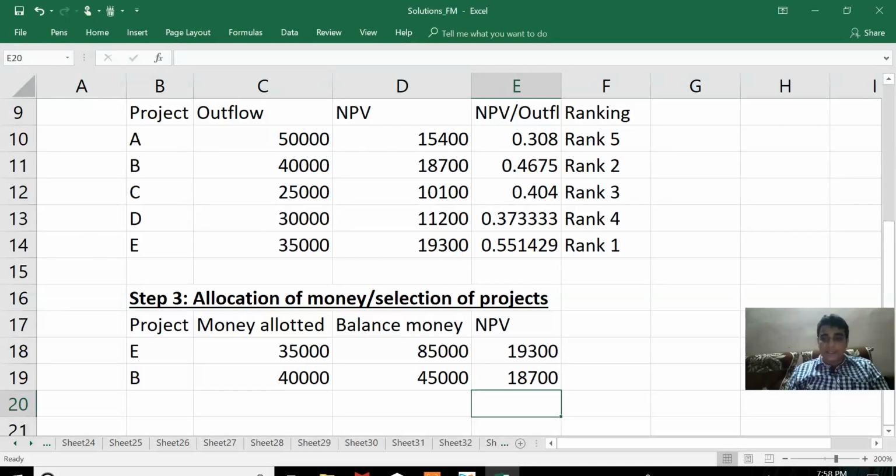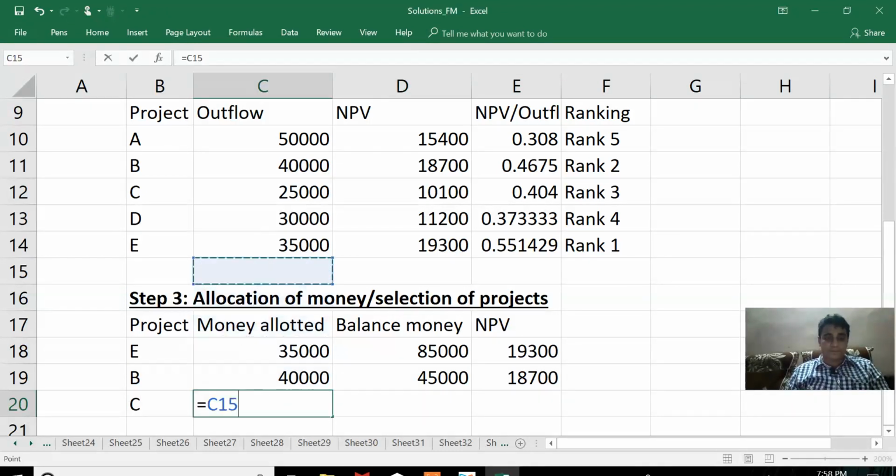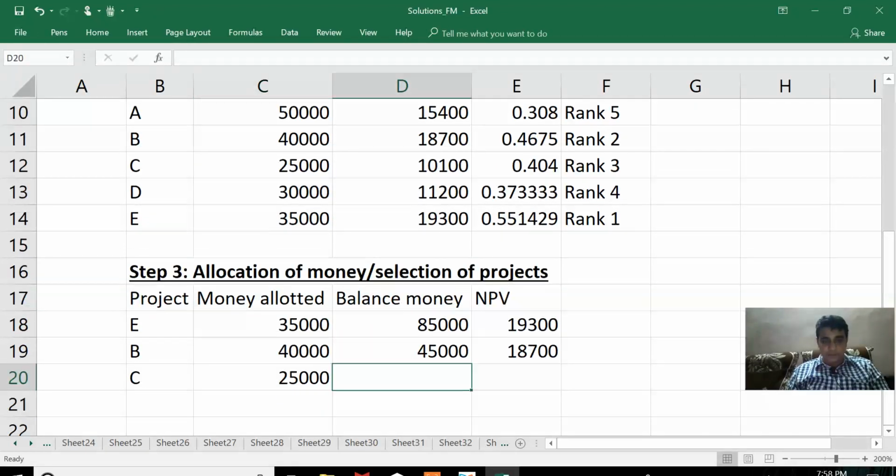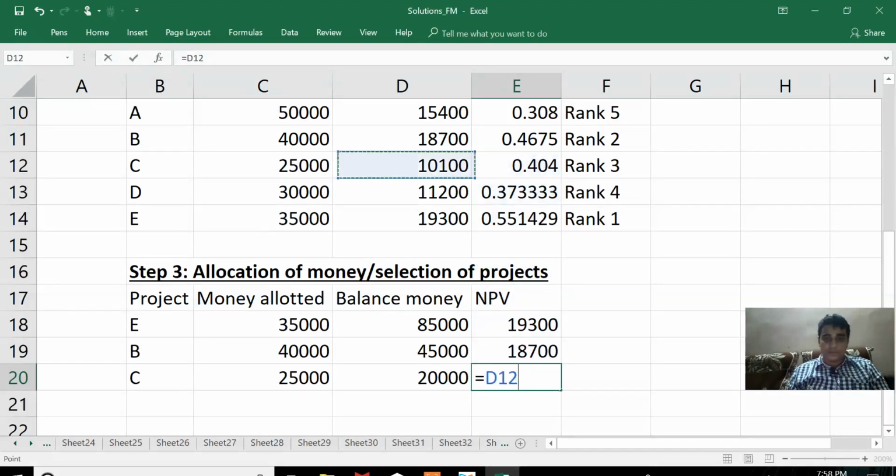First project I earned 19,300. Second project I earned 18,700. Then I go to the rank 3 project, which is C. This will take away 25,000, left with 20,000, and I can earn an NPV of 10,100. My rank 4 project is D.